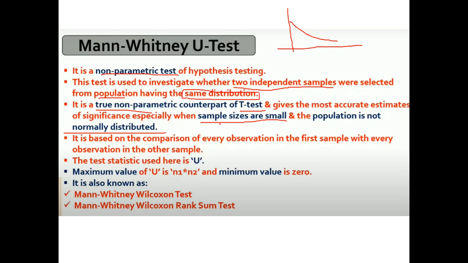So when your sample sizes are small, you will apply the Mann-Whitney test. It is based on the comparison of every observation of the first sample with the observations in the second sample. So you are comparing within the same samples and trying to make some statistical analysis.